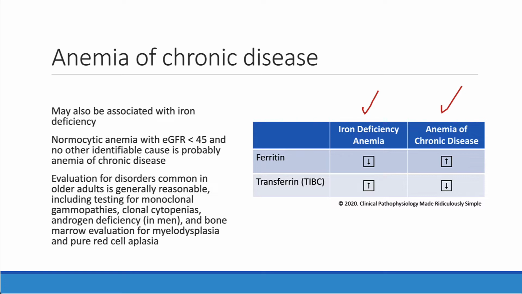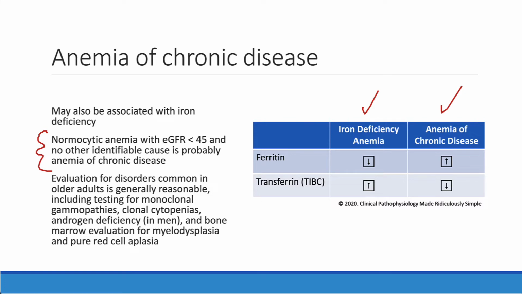I'm sorry. I want to throw in here the kidney issue too. So anemia of chronic disease is its own thing, but another anemia that we see in older patients is related to kidney failure.